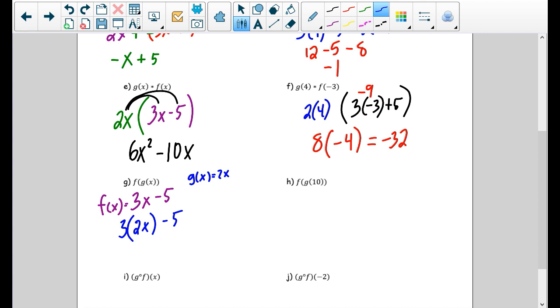And then just simplify, get rid of those parentheses. So just take in this 3. If there's more than one thing in the parentheses, obviously we're going to distribute that again. So 3 times 2x gives me 6x minus 5. So there is f of g of x.